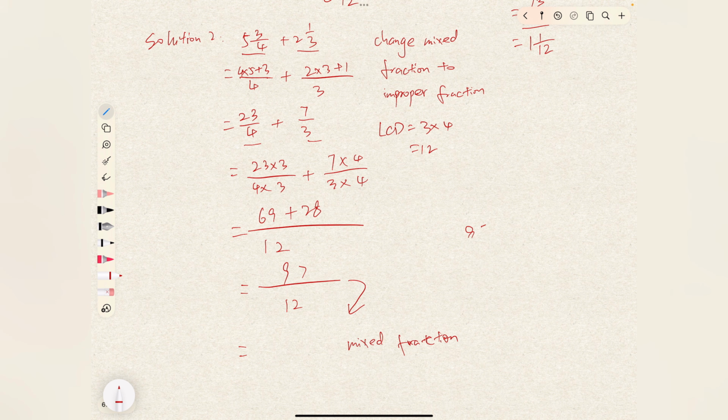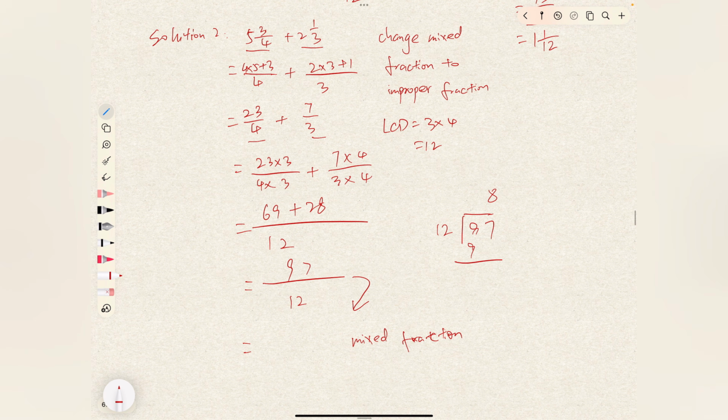which is, if we use long division, 97 divided by 12, that's 8, it's 96. 97 here. That's 7 minus 6, so it's 1. So the whole part is 8.